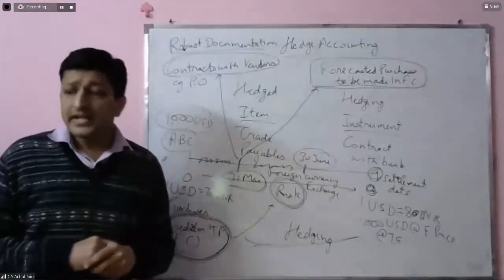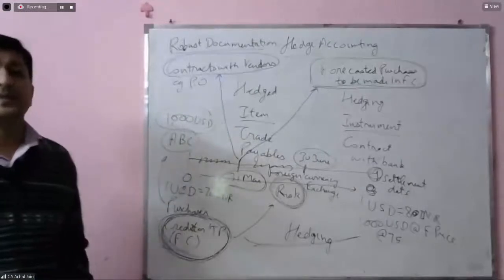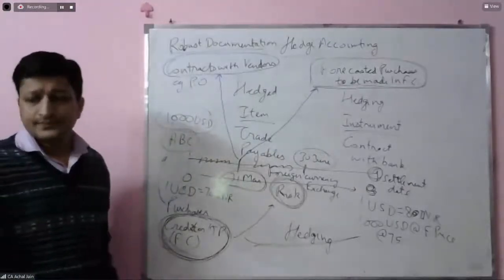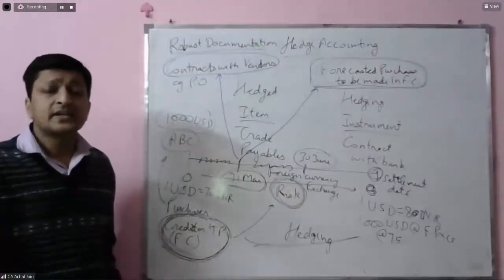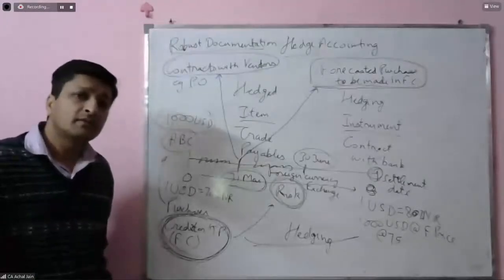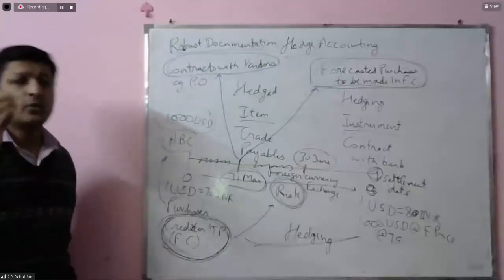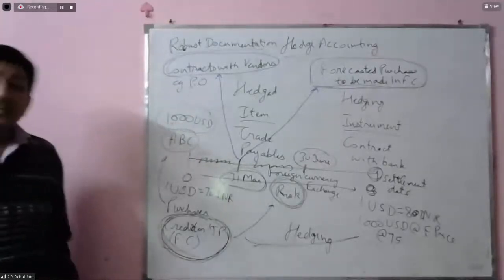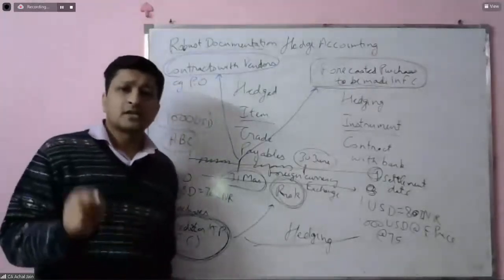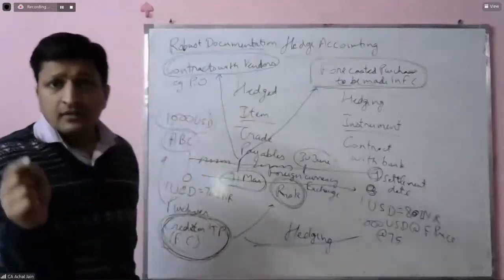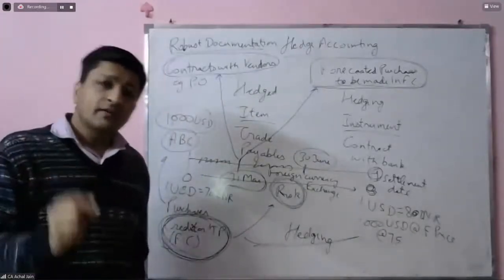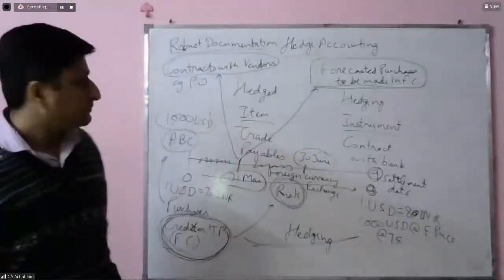If the entity doesn't analyze this carefully, what may happen? The effectiveness of hedge may not be known. And this is what the standard requires, that we need to check whether the hedging will become effective or not.